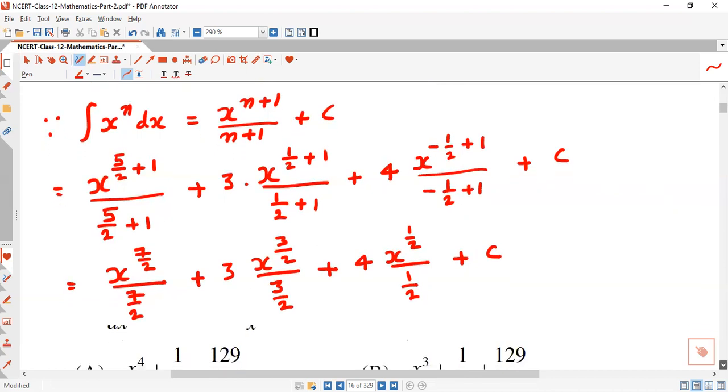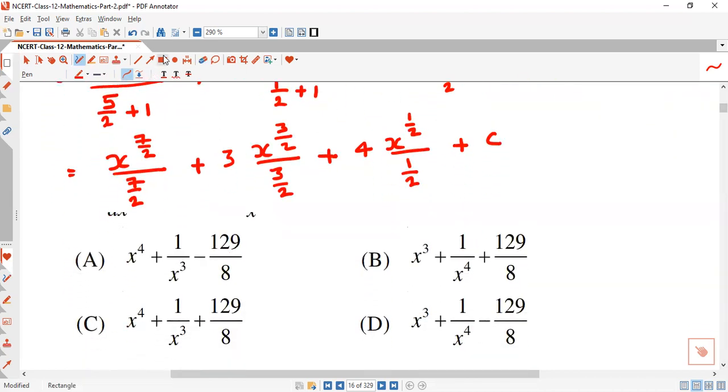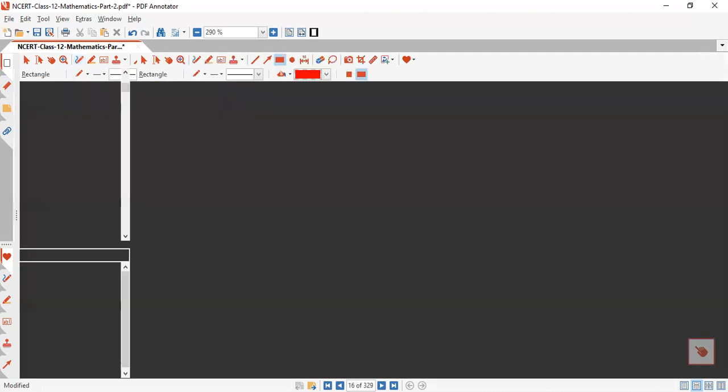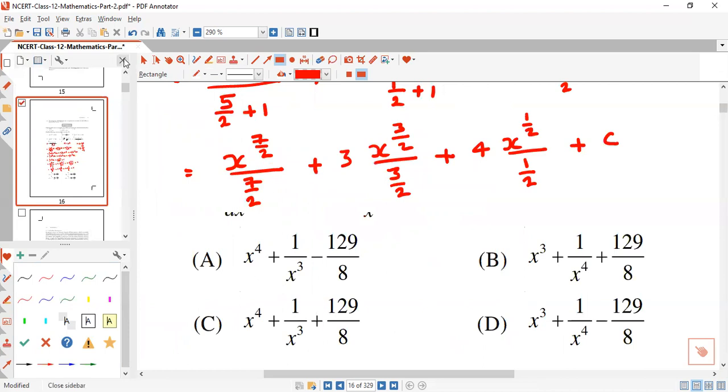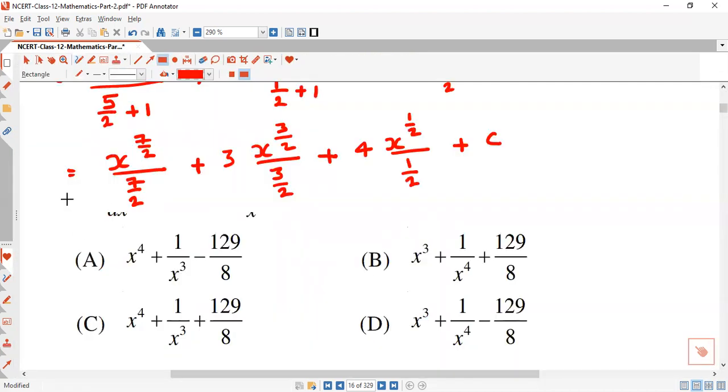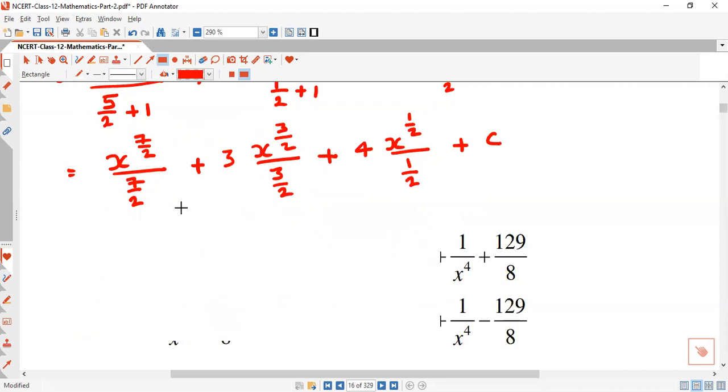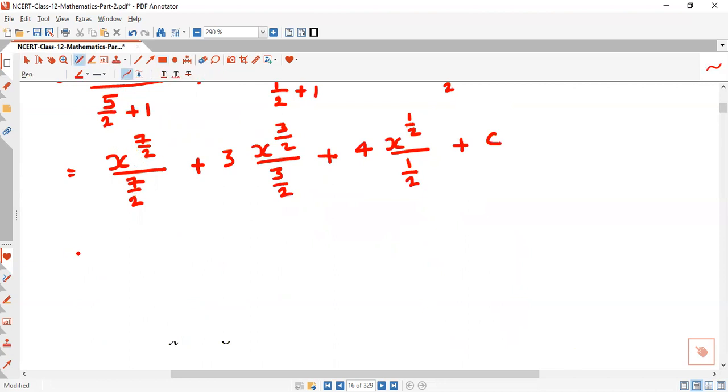Now we combine all these terms and simplify this further. 7 by 2 can be written as 2 by 7, so x raised to 7 by 2, and this 3 and this 3 will cancel out.